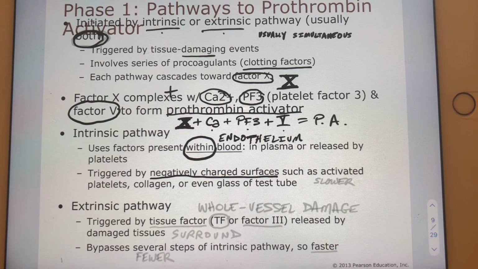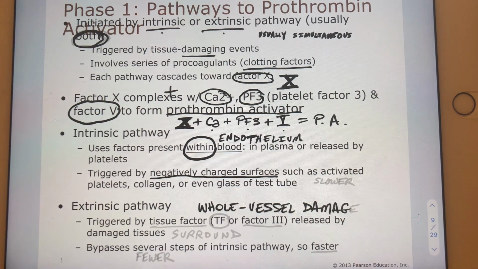Whereas the extrinsic pathway, you might think of it as damage from without rather than damage from within.